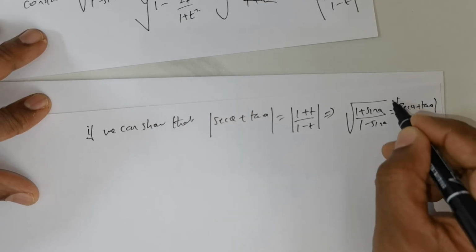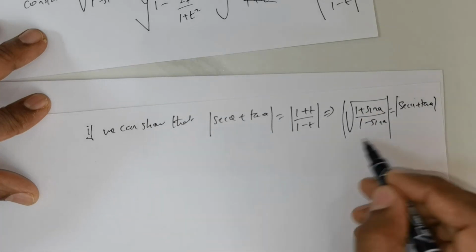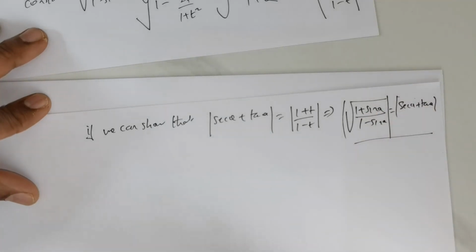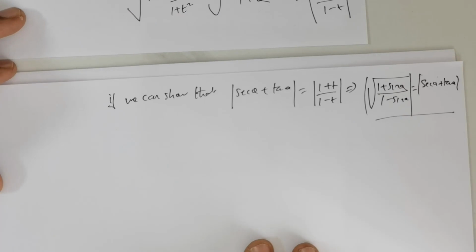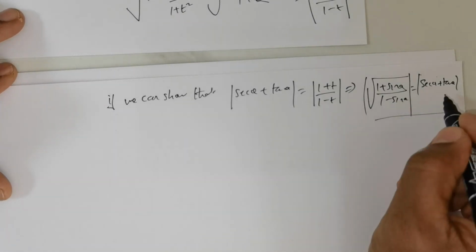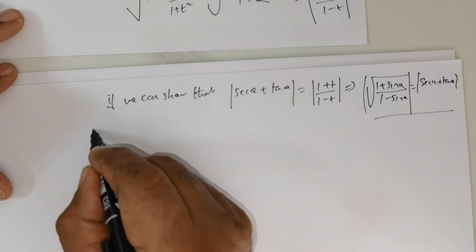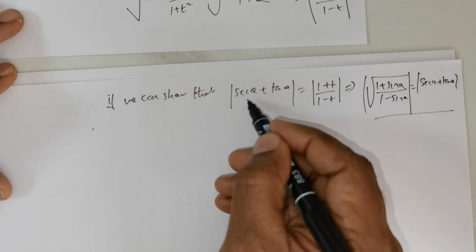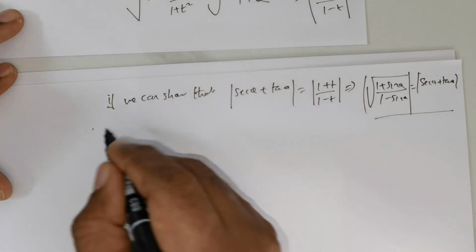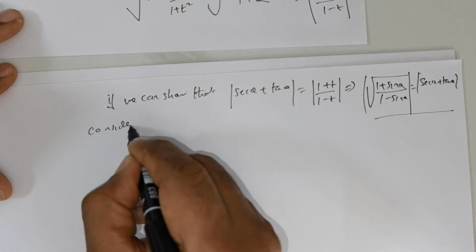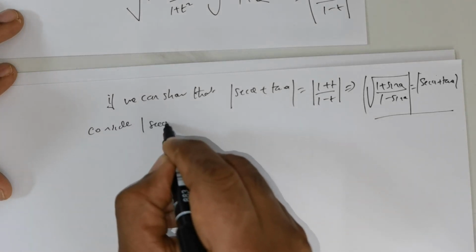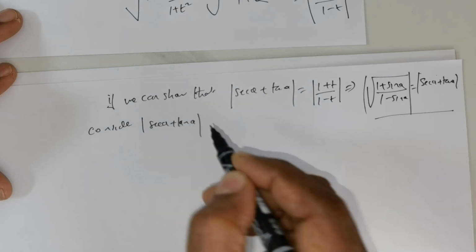You place the modulus on both sides if you want, or you can just go ahead with the proof. I'll place the modulus to avoid any issues. So now let me actually find out what this is. I'm going to consider secant theta plus tan theta.